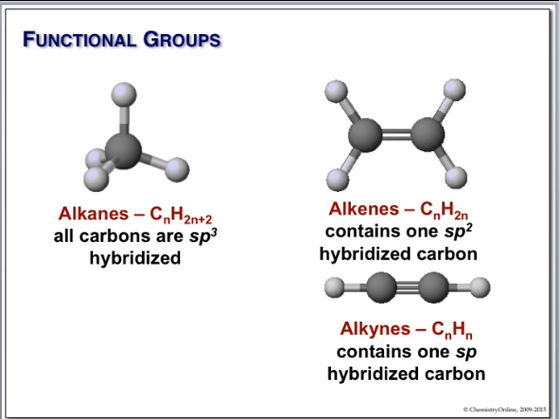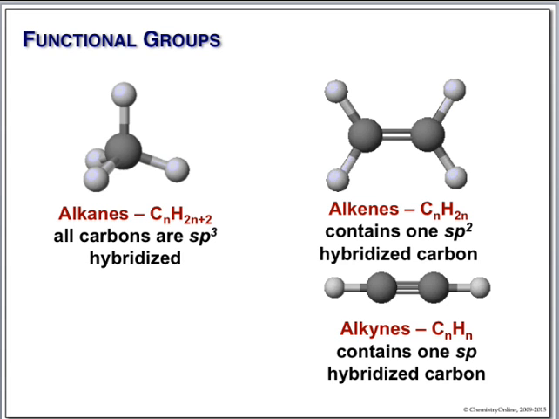The neat thing about organic chemistry is that if you have a compound with a carbon-carbon double bond, it will undergo characteristic reactions. It really doesn't matter so much what you have attached around it, but the double bond will undergo a set of simple reactions that you can use to predict products. Same thing with the triple bond.